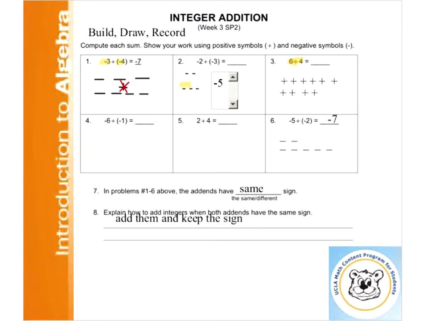Okay, it looks like someone typed it in. Basically, we're just going to add the integers and keep the sign. That is correct. Does anybody have a question regarding adding integers with the same sign? Happy face if you're ready to move on. Okay, great. Let's go ahead and look at the next set of problems.